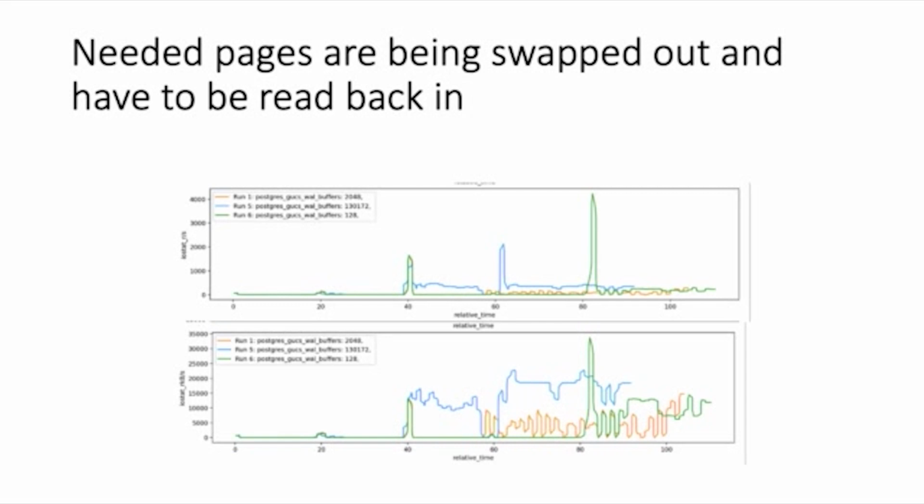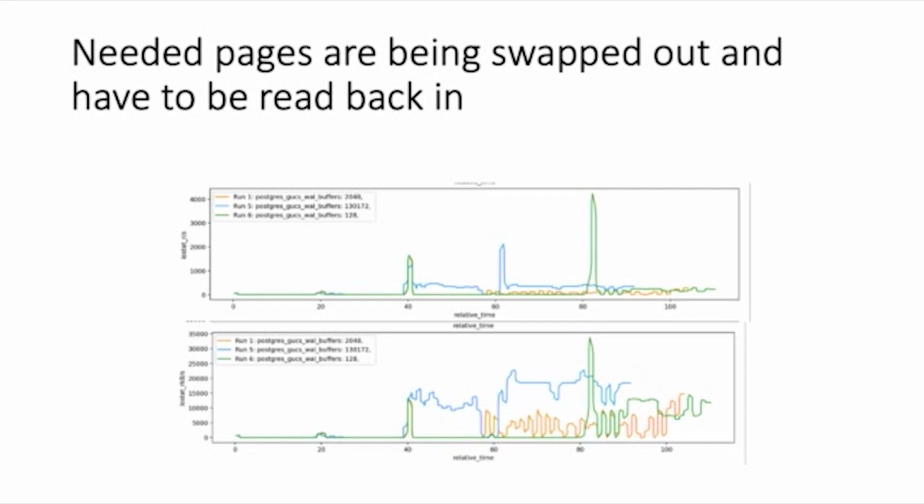And this is reads per second. So this was a copy example, right? It's kind of weird, like what things are you reading? And so I think you're doing some reads, I guess, of indexes. It looks like things are getting swapped out, and then you're having to read them back in.